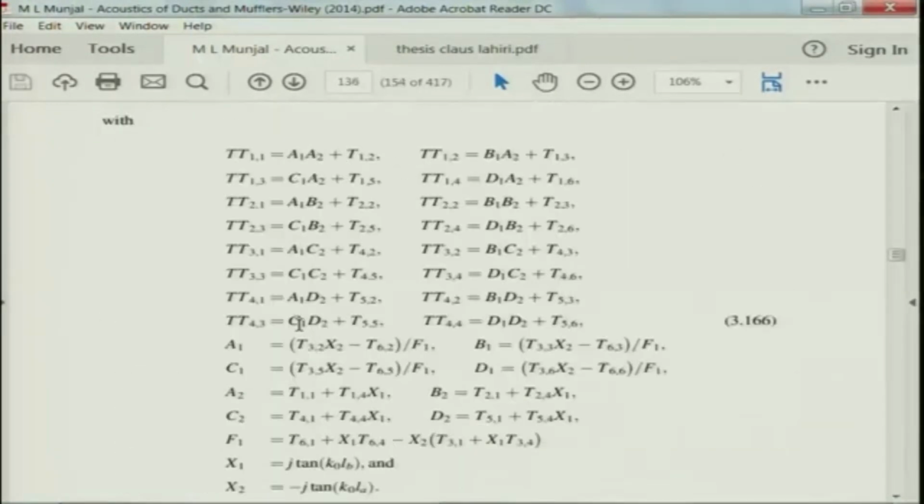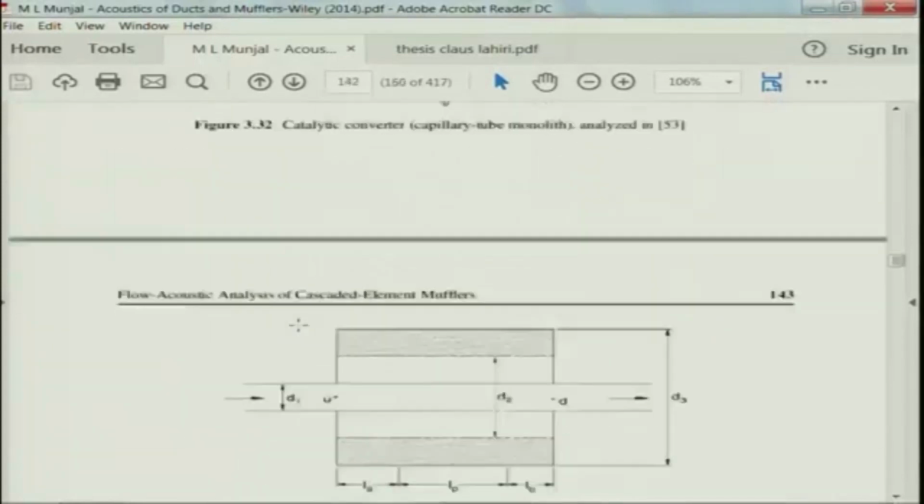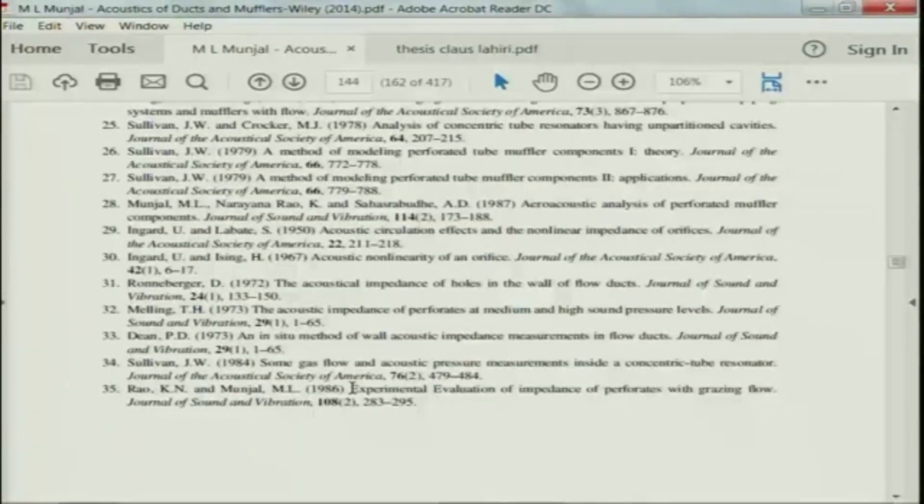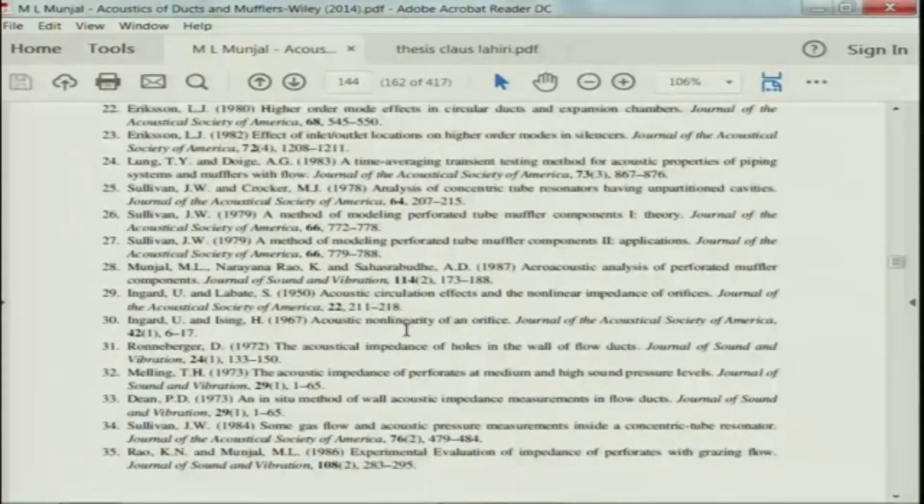Again, these are all historical expressions which have been used. This was published in 1986, experimental evaluation of impedance of perforates with grazing flow, in the Journal of Sound and Vibration. Ever since then, a large number of papers have been published, and separate investigations were reported on perforate impedance.